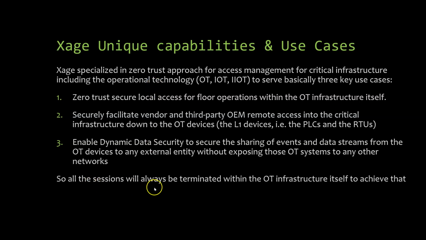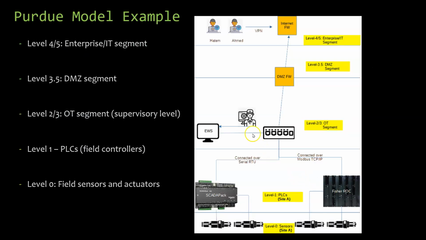So all the sessions will always be terminated within the OT infrastructure itself to achieve that. So actually with Xage we will have termination points on the Xage Fabric itself, so the outside world will not be able to communicate directly with the ICS infrastructure, not like the case of the VPN.